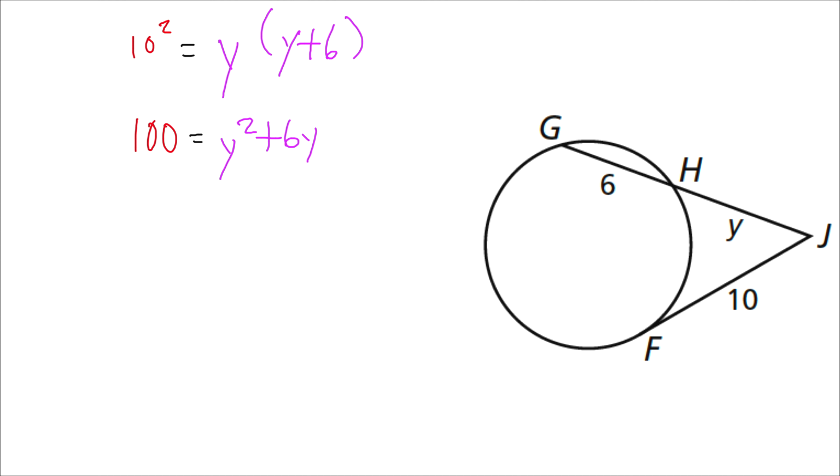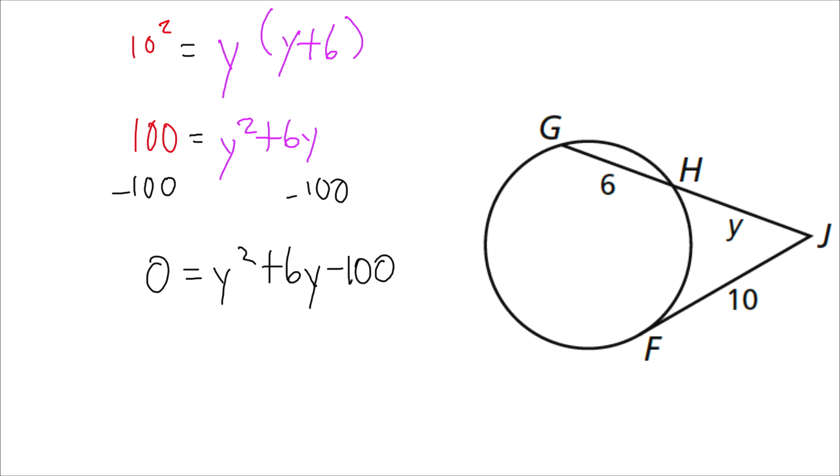So let's see, I'm going to need to subtract 100 from each side. So 0 equals y squared plus 6y minus 100. Okay, so this is a nice little factoring problem.